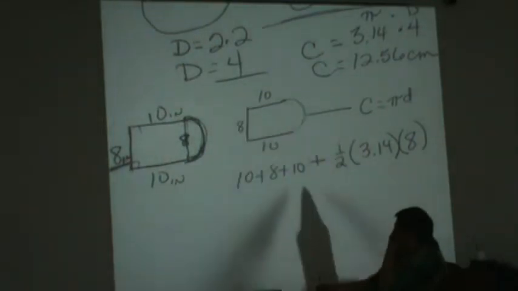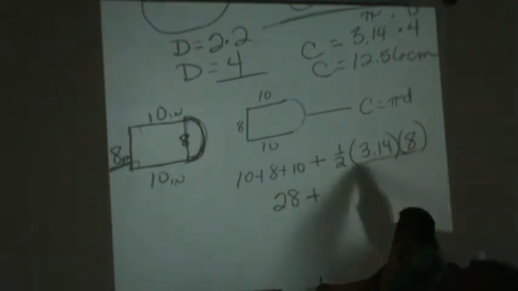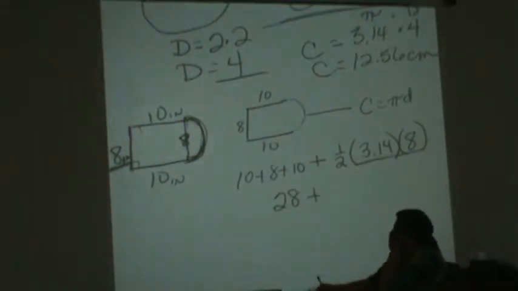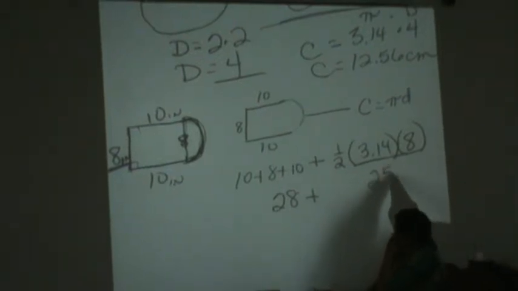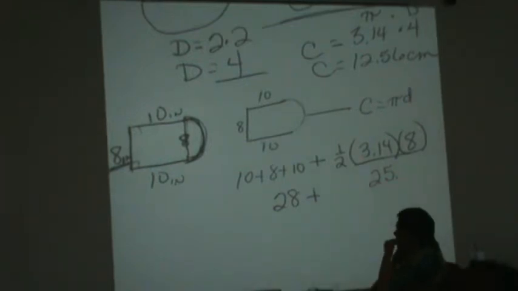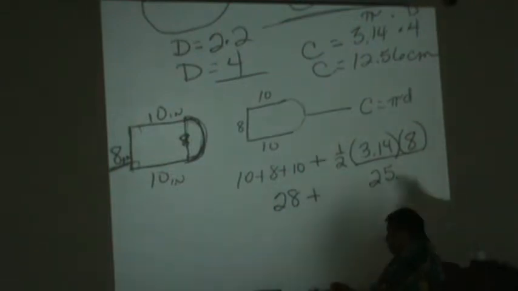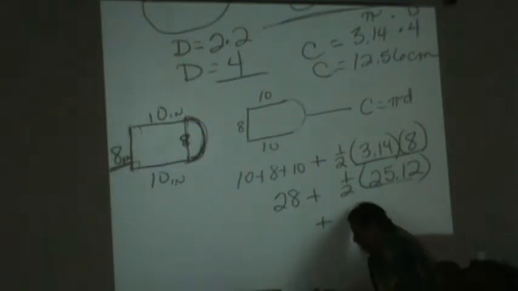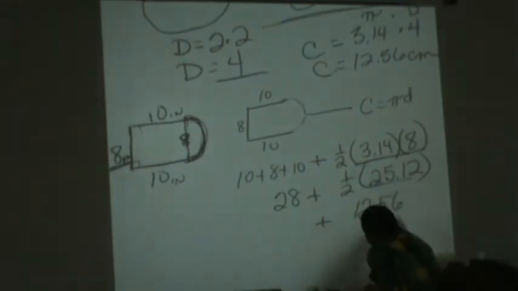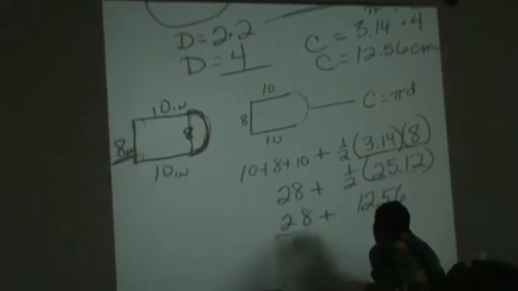So the straight parts add up to 28, right? Plus 8 times 3.14. That's 25.12. And half of that, divide that by 2. 12.56? Yes. Okay, so add 28 to that.